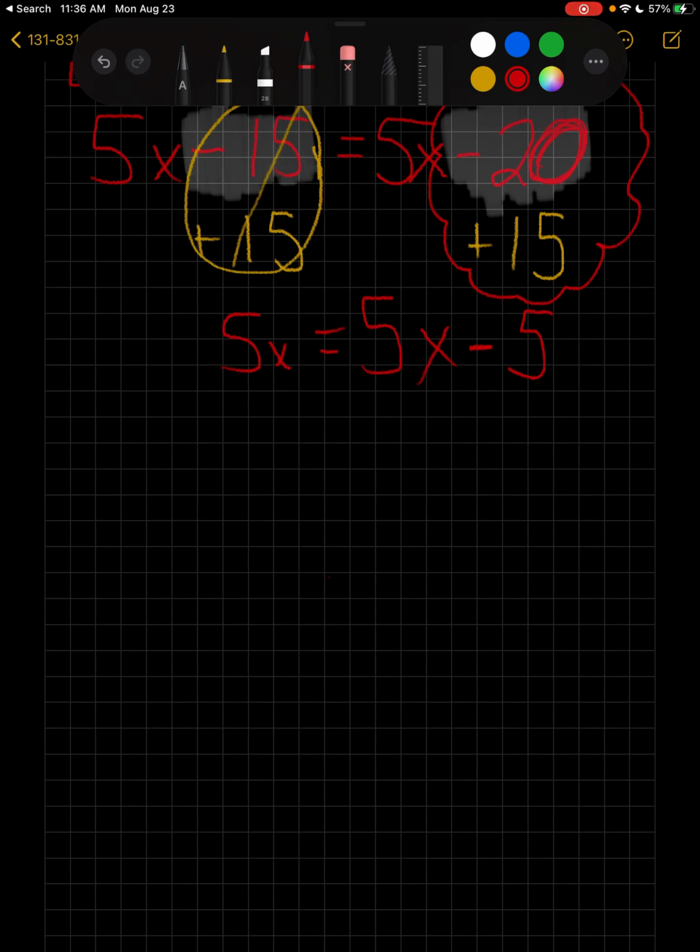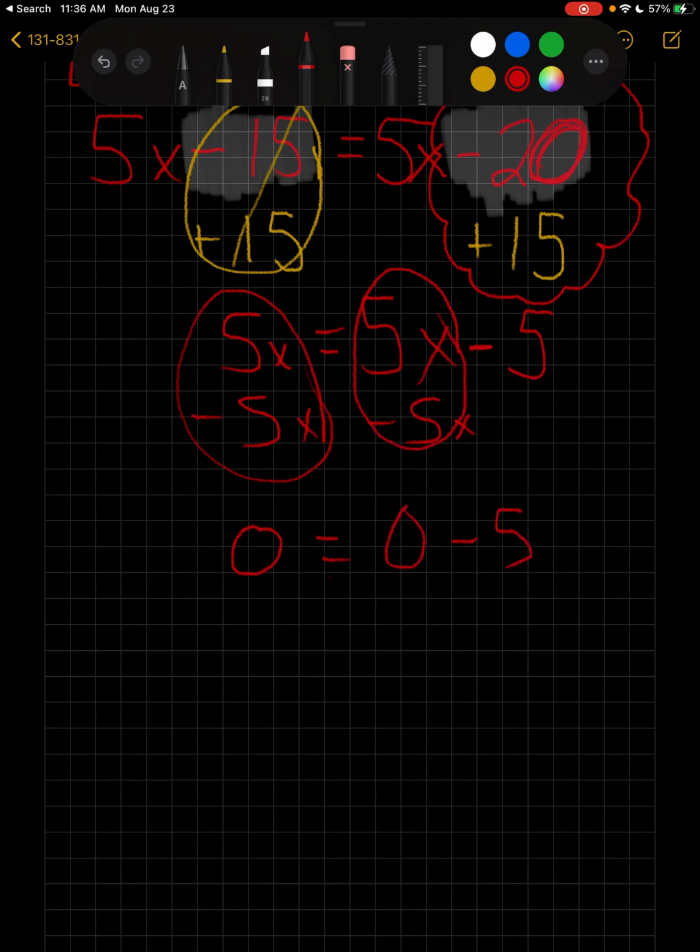We're going to try to isolate our variable. So, okay, the opposite of a positive 5x is a negative 5x. So I'm going to subtract 5x from each side of this equation. And I get 5x minus 5x. Well, that gives me 0. And so now I'm telling you 0 is equal to 0 minus 5.